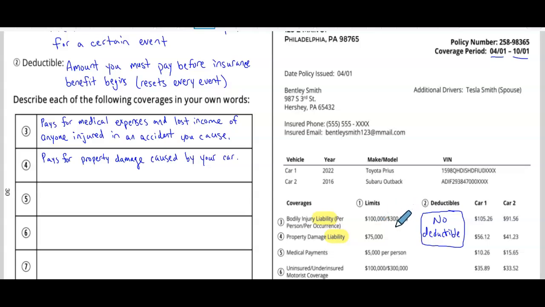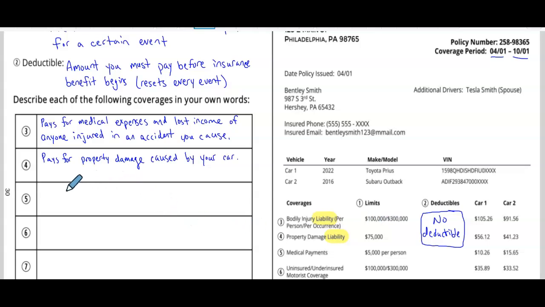Well, if there's only 2 people, then it's up to $200,000 because it's $100,000 per person. If there were 3 people, $100,000, $100,000, $100,000, now we're at $300,000. If there's 4 people and it adds up to over $300,000, then well, that's the limit, right? So that's the most that it will pay per accident, but up to $100,000 per person.